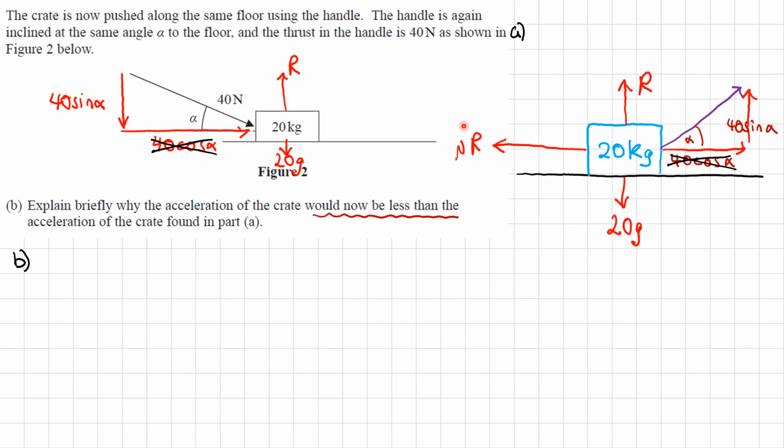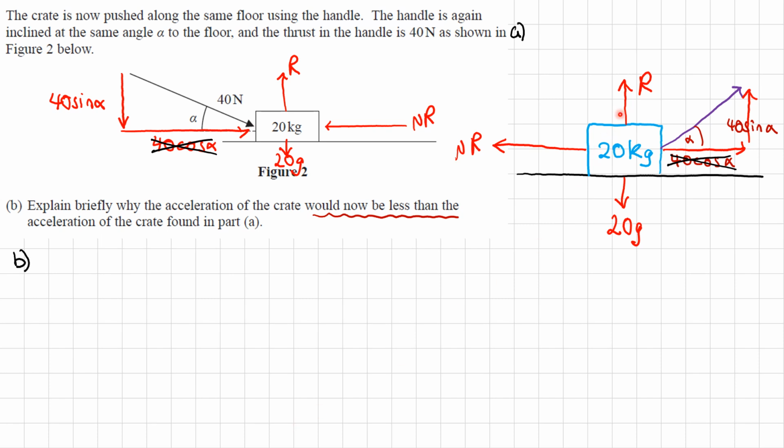The only other thing that's going to make a difference to the acceleration is the mu R, and I need to put the mu R on my diagram here, pointing in the opposite direction to my 40 cos alpha. And if this is changing, the frictional force, and mu is fixed, then R must be changing. Let's see why and how that happens.